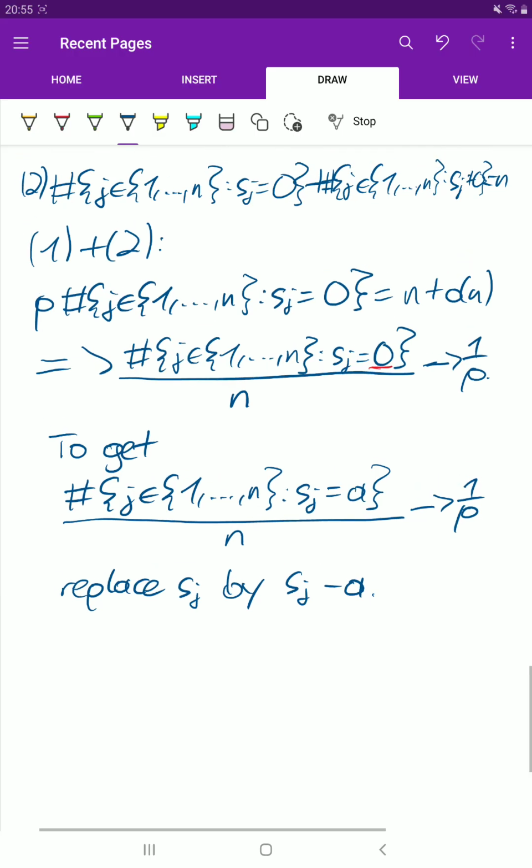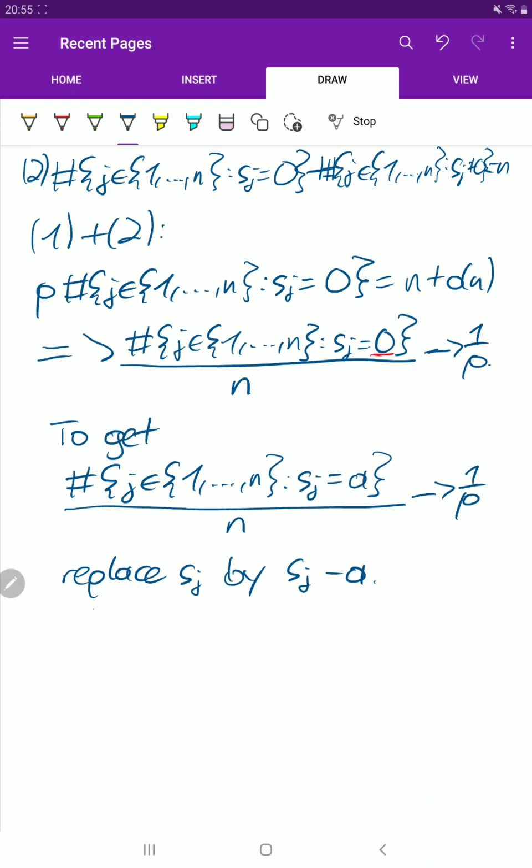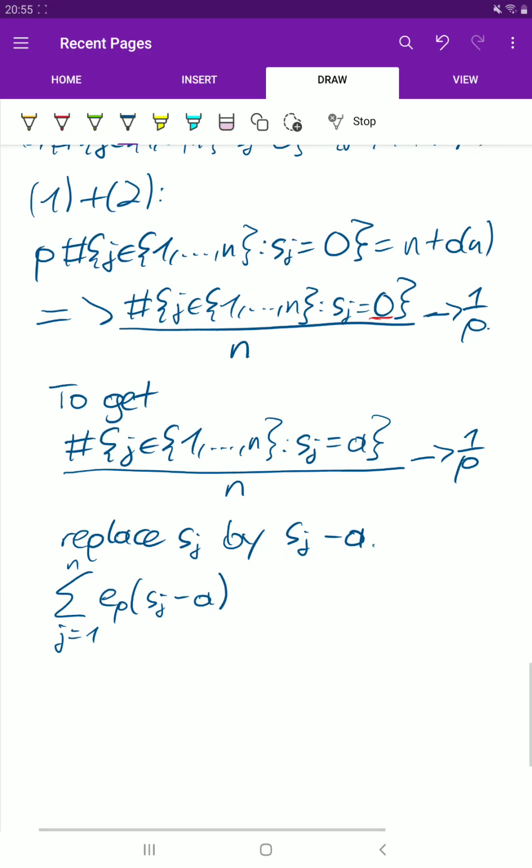What we still have to check, let me write it, is the sum over j equals 1 up to n of EP of Sj minus a. Let's shortly analyze this. EP is a homomorphism, similar to the exponential function.